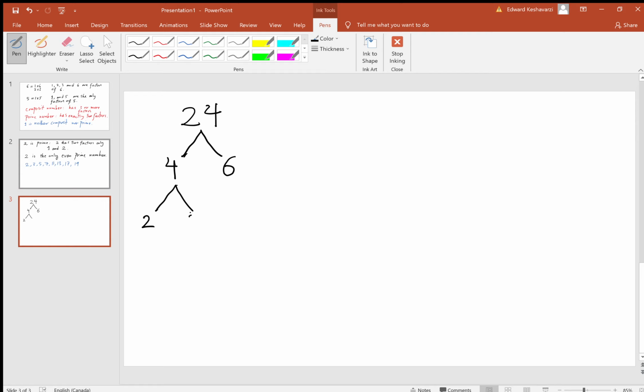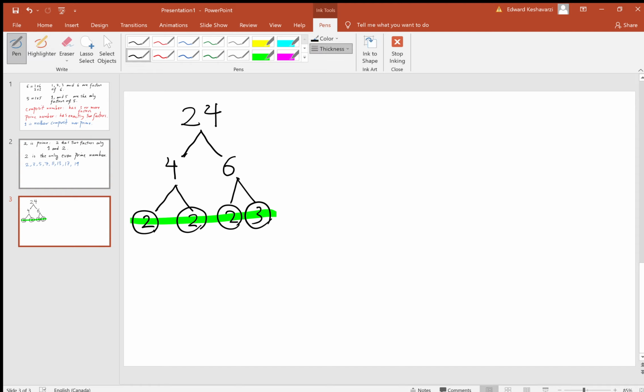4 is 2 times 2 and both are prime. This is why I'm going to encircle both. 6 is 2 times 3. Now we are done because all these encircled numbers are prime. So therefore 24 can be written as the product of all numbers in the circles.